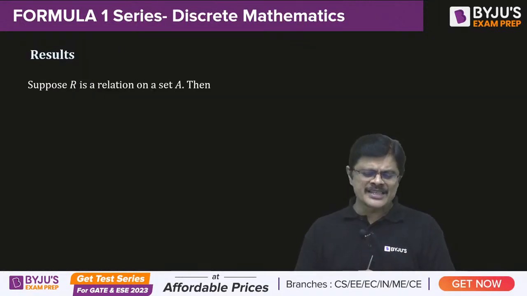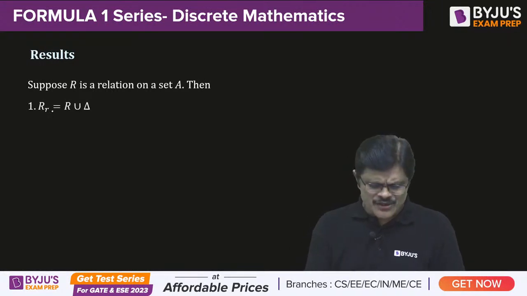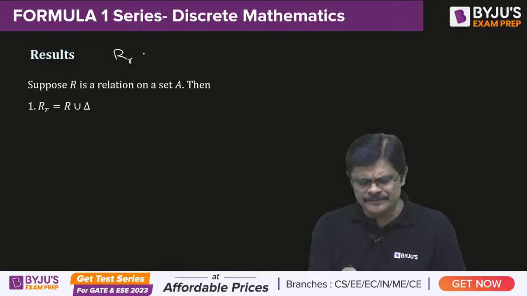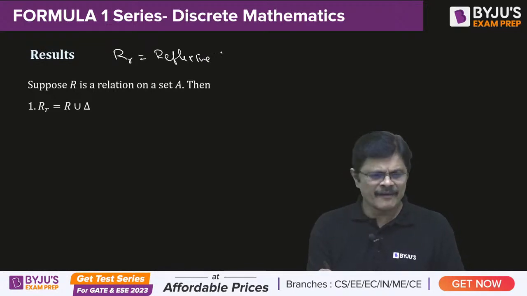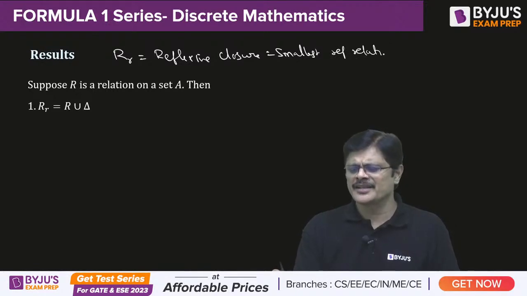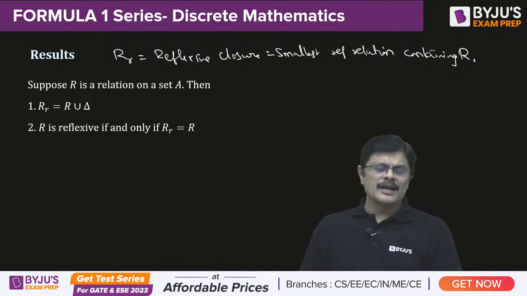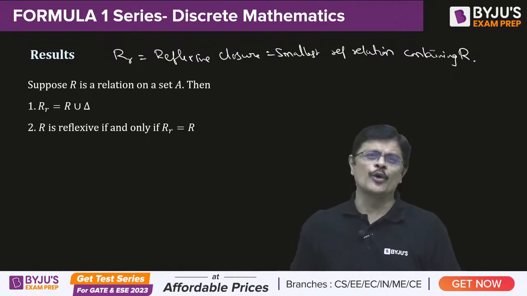Now suppose R is a relation on a set A, then you generally have the reflexive closure. What is reflexive closure? The smallest reflexive relation containing R. How to get it, sir?